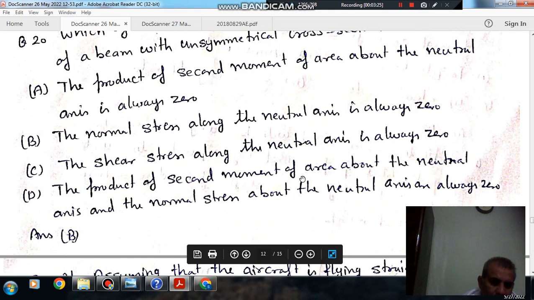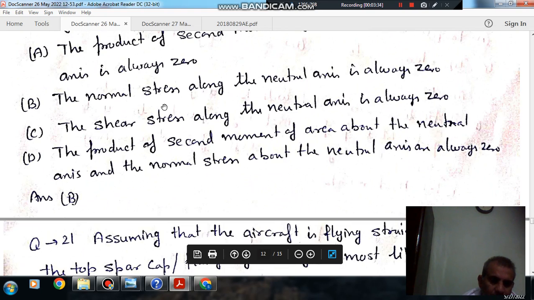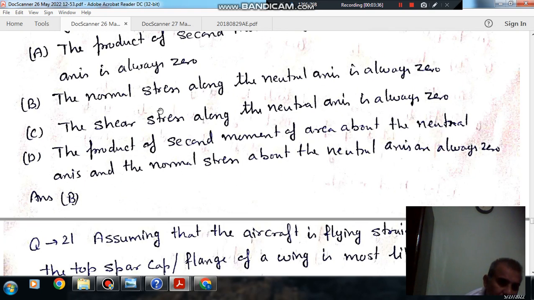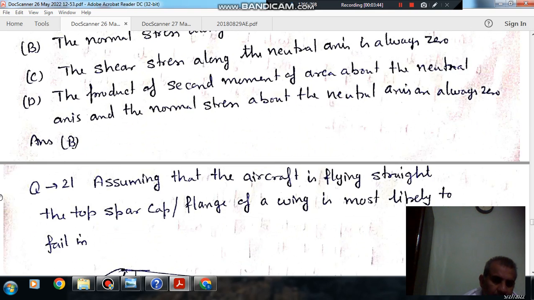Option D, the product of second moment of area about the neutral axis and the normal stress about the neutral axis are always 0. So the answer is the normal stress. In case of symmetrical or unsymmetrical bending, the normal stress is always 0 at the neutral axis, but the shear stress is maximum. So the answer is option B.